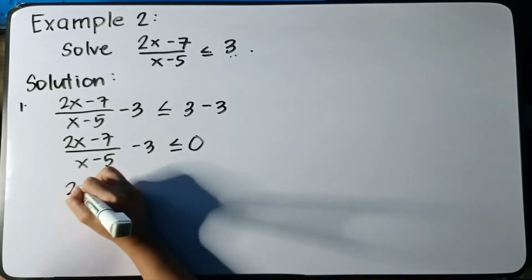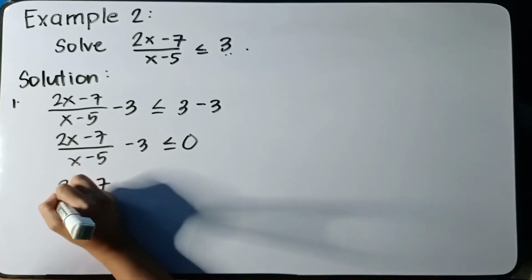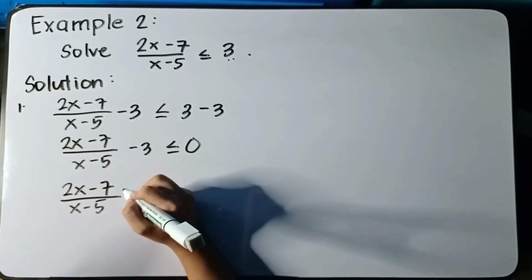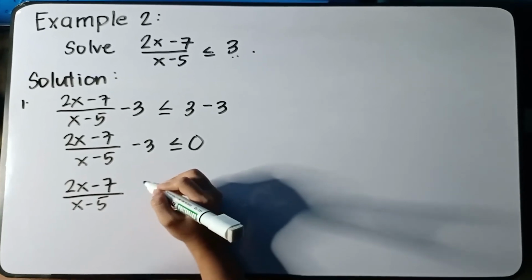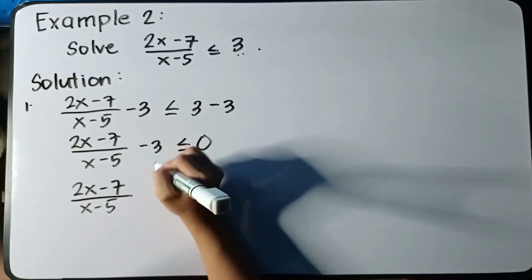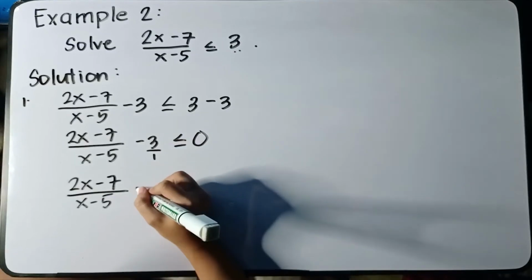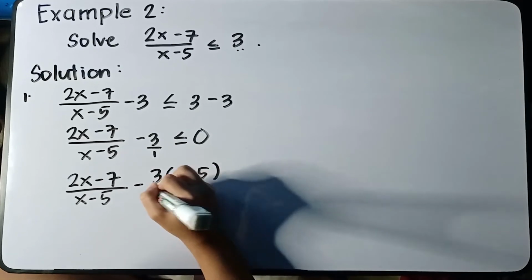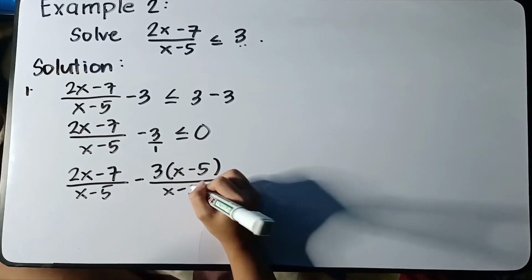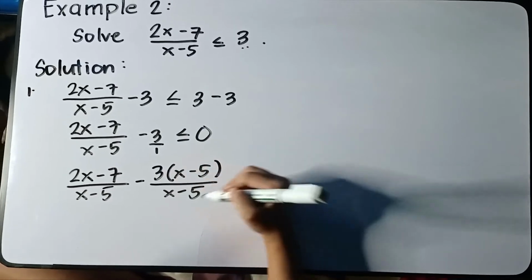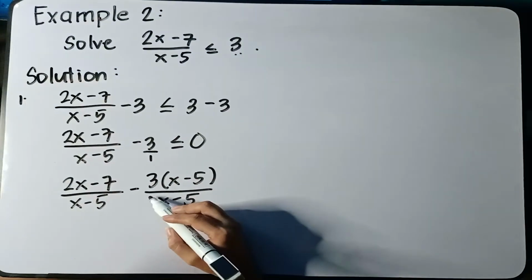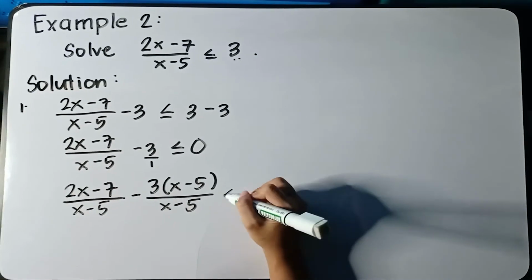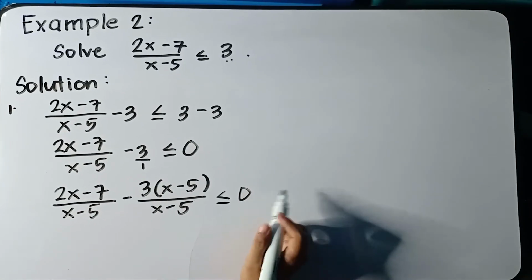So we have (2x minus 7) over (x minus 5), and we cross multiply 3 over 1. So we have 3 times (x minus 5) all over (x minus 5). This term, the negative 3, stays the same because (x minus 5) divided by (x minus 5) is equal to 1. So, less than or equal to 0.